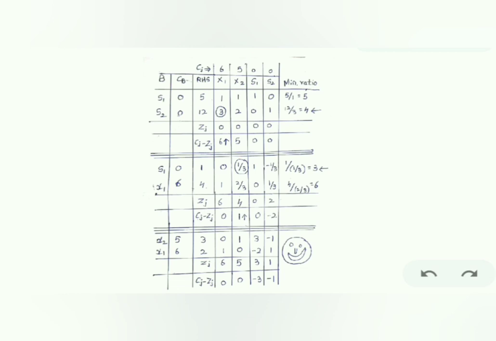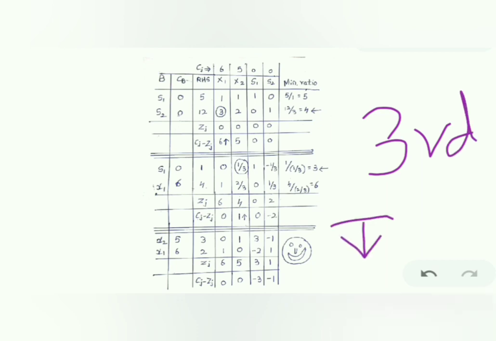Now this is the third iteration. Below this line we have the third iteration. Seems the iteration is done. So again, how to find?